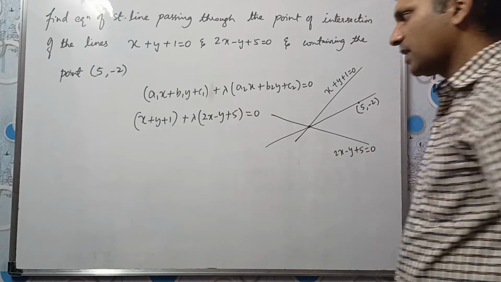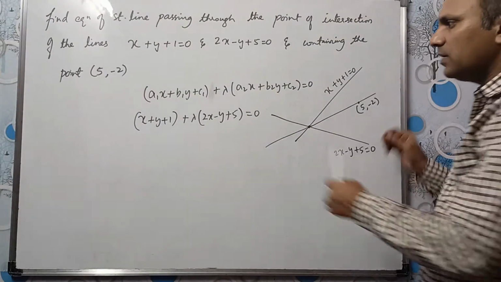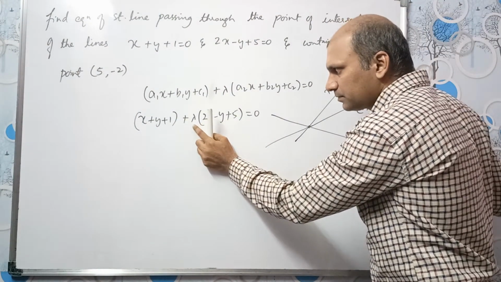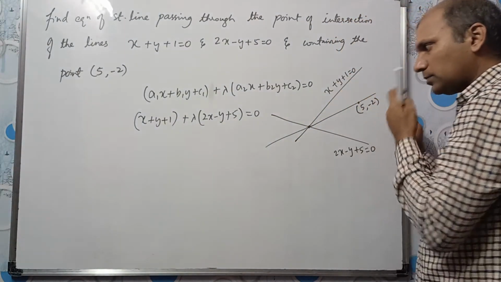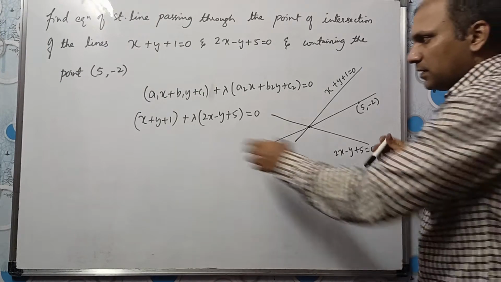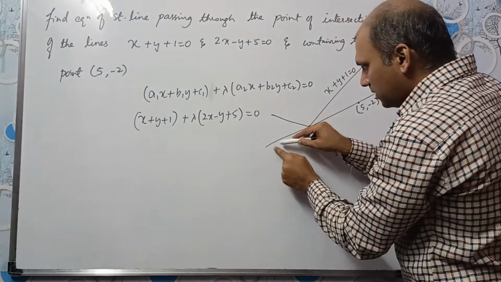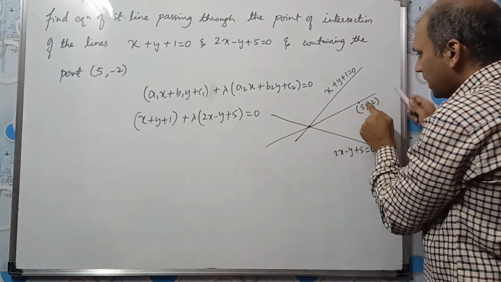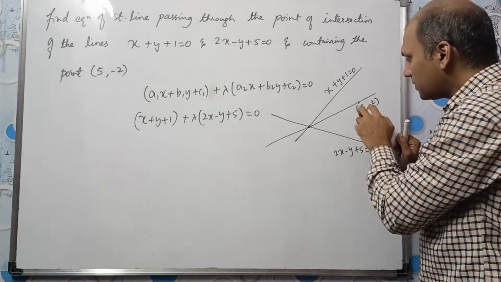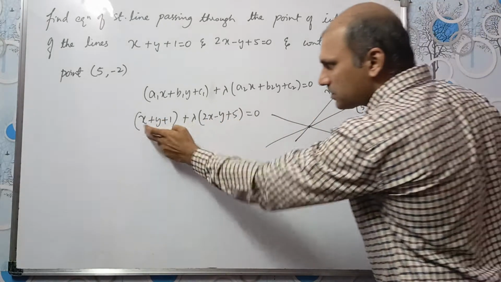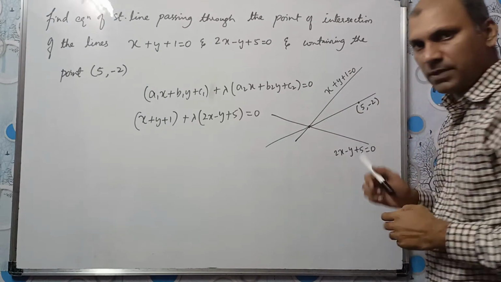Now to find the value of lambda, what should we do? This straight line is passing through 5 comma minus 2. So if we substitute 5 comma minus 2 in place of x and y, we will get the value of lambda.